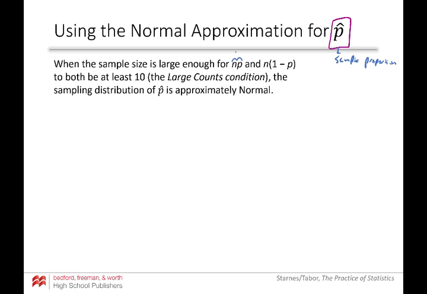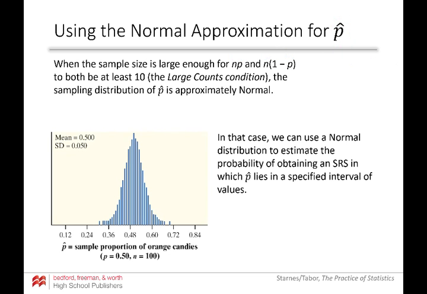This of course represents the successes, and this represents the failures. So when we have successes and failures that are at least 10, then we know the sampling distribution is approximately normal. In that case, we can use a normal distribution to estimate the probability of obtaining a simple random sample in which P hat lies in a specified interval of values.